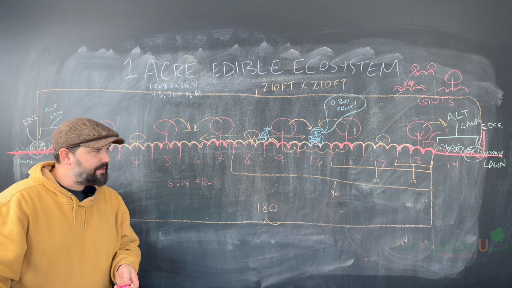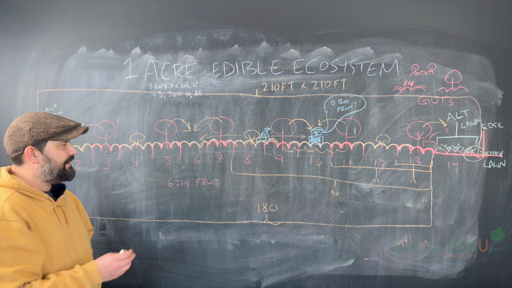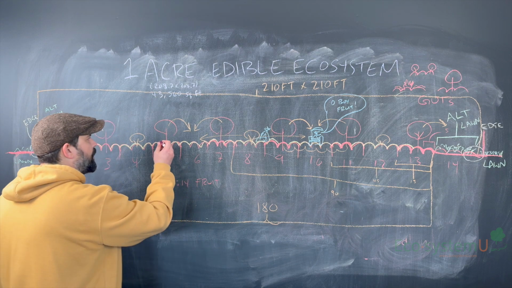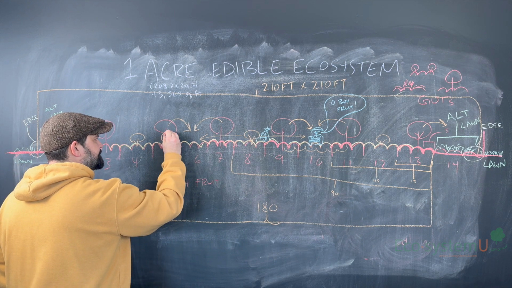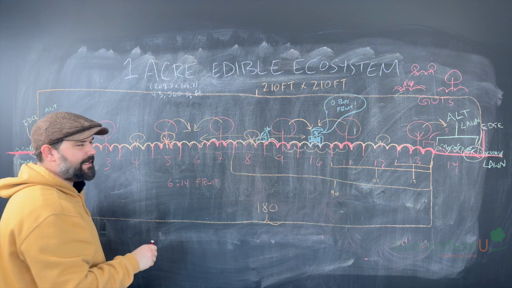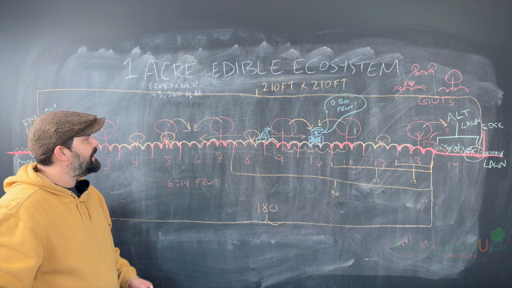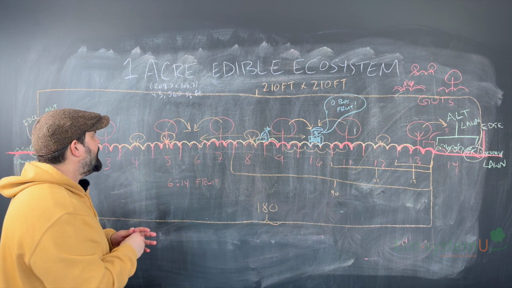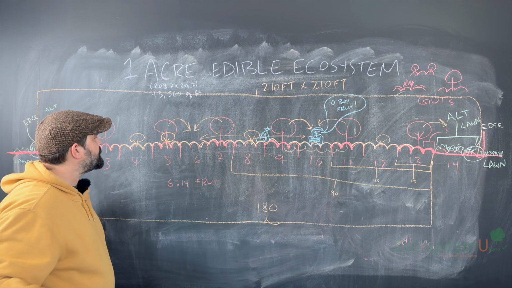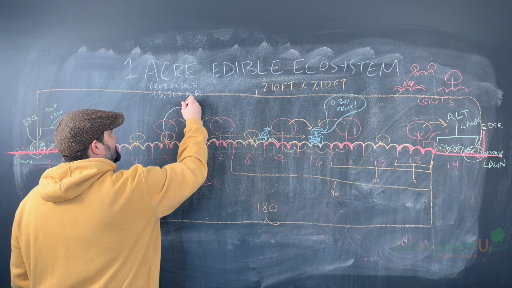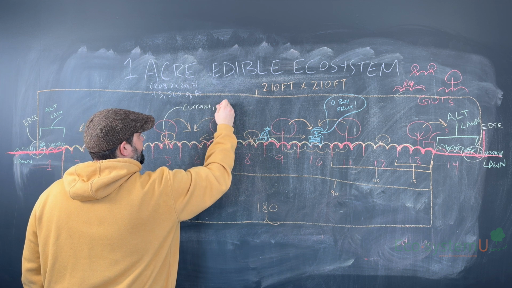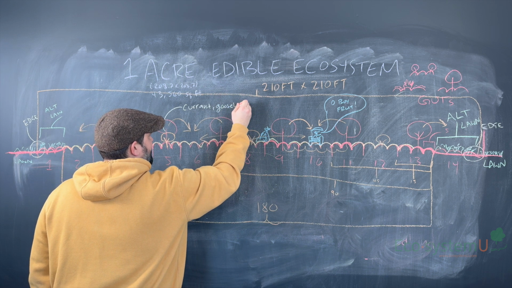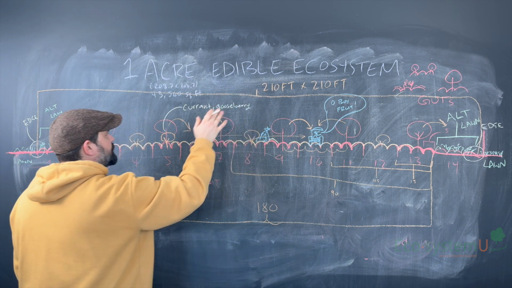Now I want to go in here and discuss a little more one of the variations, and that's that I can put also a berry in line with this fruit tree. The difference here is that this berry that I'm putting in here is going to be better understood as the type of fruit that's like a currant or a gooseberry, as an example, because they will do fairly well in partial shade.